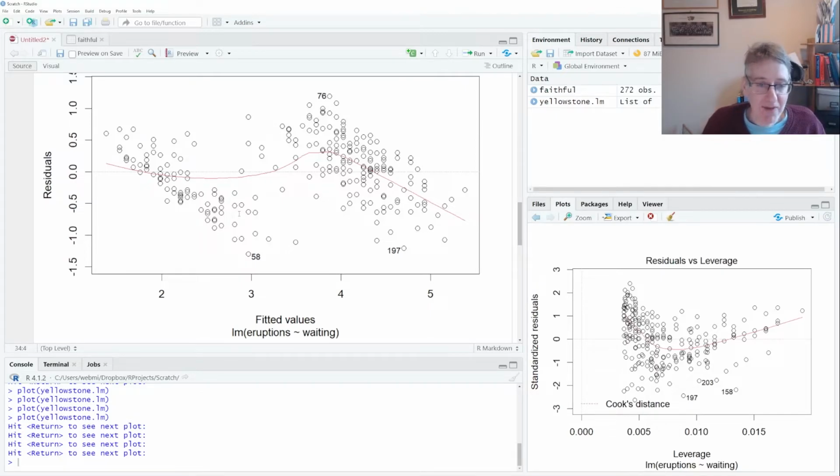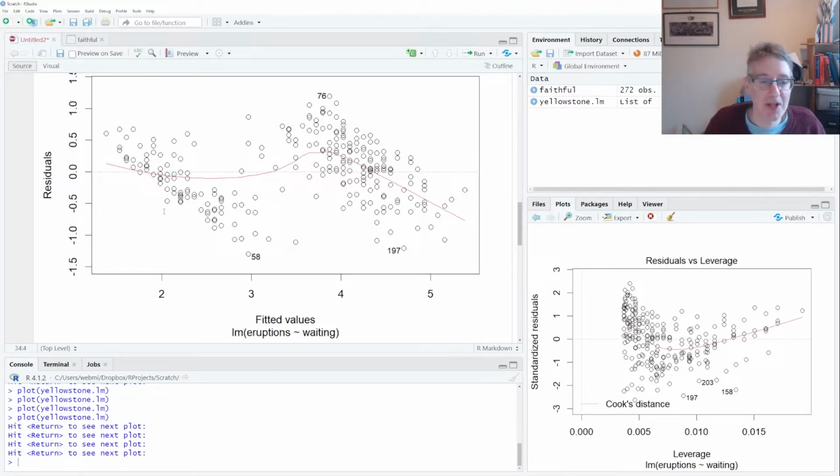So all we really have to do is look at this plot, and we need to see that there is no pattern in the plot. We need to see that the residuals do not depend on the fitted values. So what we want to see in this plot is a randomly scattered set of residuals with no pattern in the residuals.